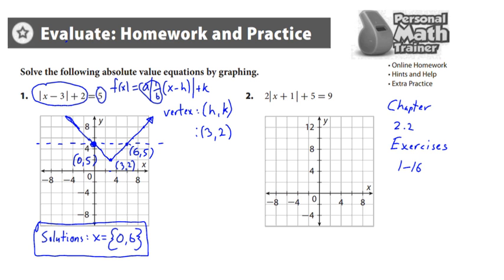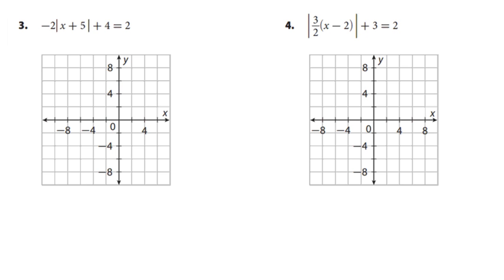Next odd number problem, 3. We have negative 2 times the absolute value of quantity x plus 5, plus 4, equals 2. Well, here we have a equal to negative 2.